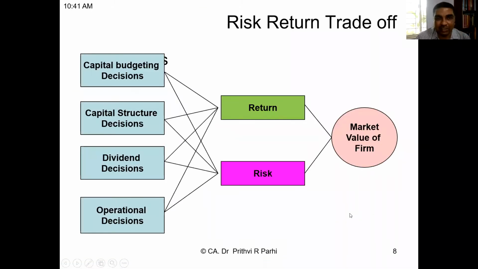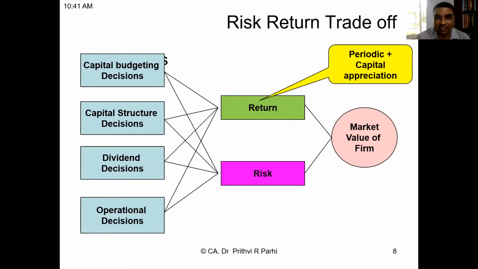The next concept is that all business decisions we take are intended to maximize the value of the firm, and these decisions are taken within the financial system. The return is the benefit we will get, and the risk means the uncertainty we are expecting.